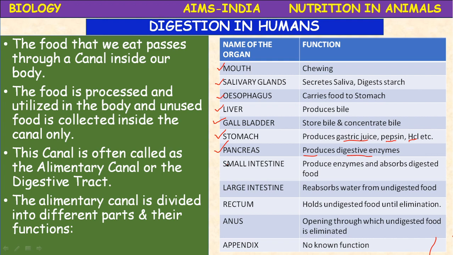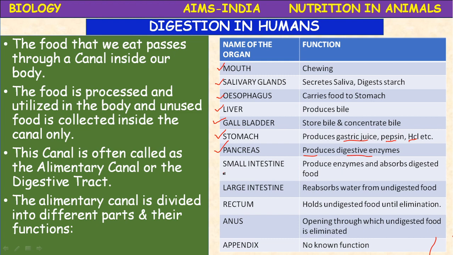Through salivary ducts, saliva is released into the oral cavity. Then there is the pancreatic duct, and liver bile is carried by a bile duct and opens into the duodenum. So these ducts are present.